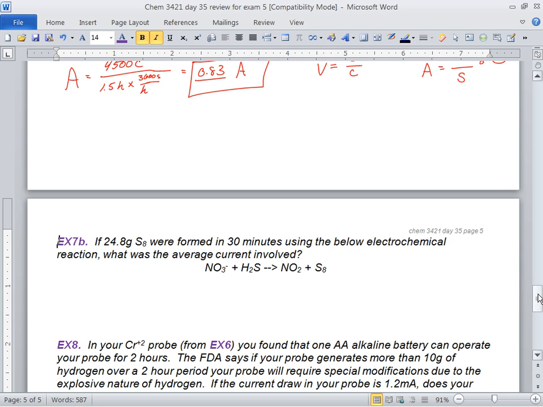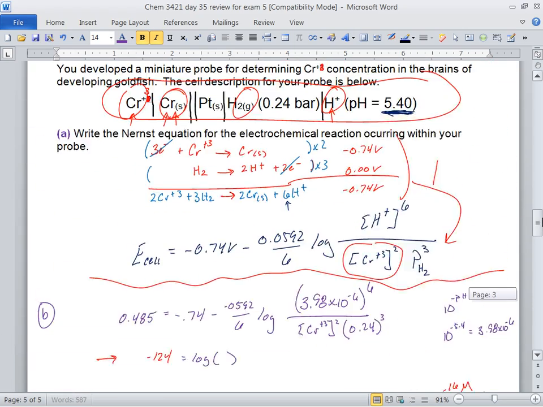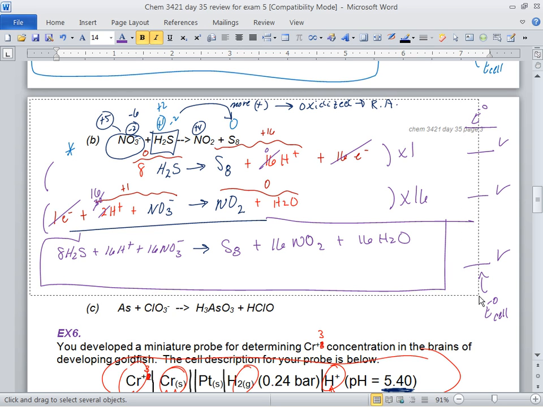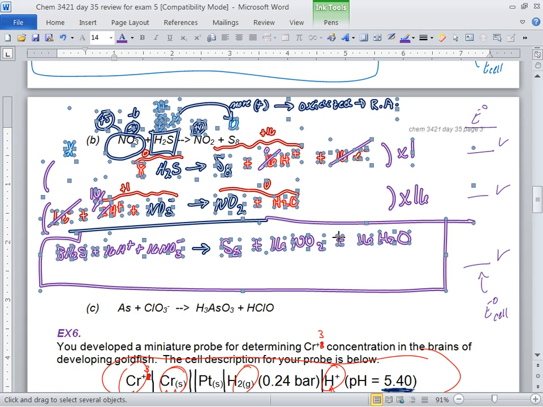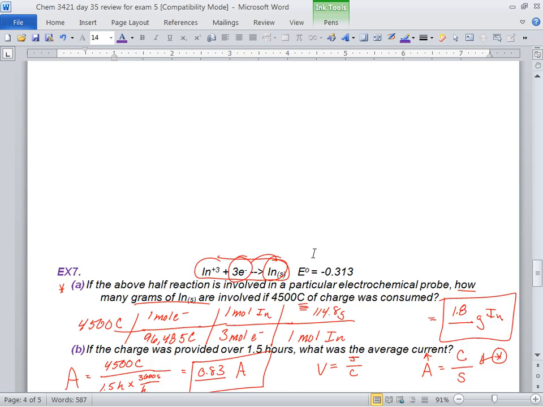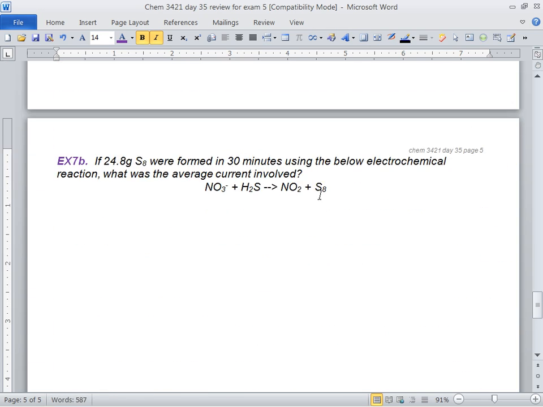To find the overall, those half reactions and things, nitrate and H2S. Here it is. Where did it go? Here it is. The molecular weight of S8 is 256.52.